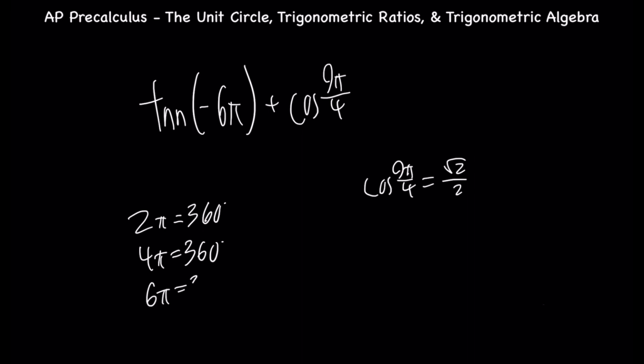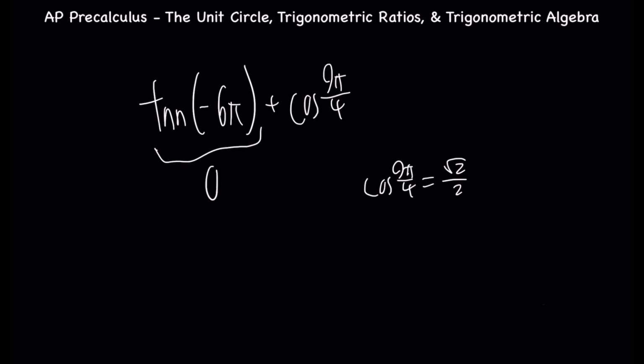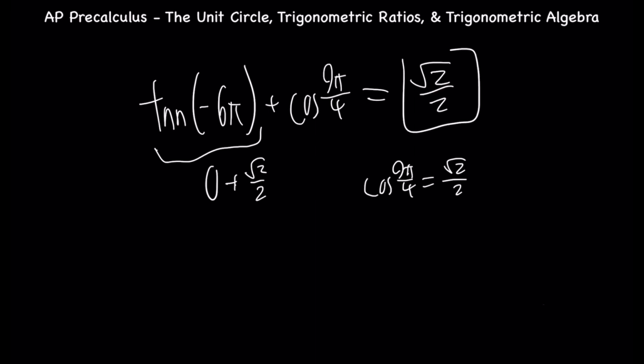So 6 pi is also going to be 360 degrees. Regardless of whether or not it's negative, we still have 1 here, 0 here. This is just 0. You're adding these two together, you should get root 2 over 2.